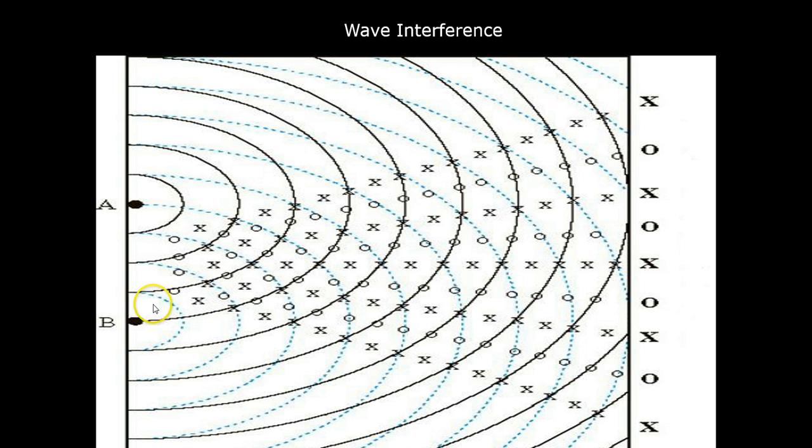Well, for hammer B we're denoting the crests or the maxes with a blue dotted line. So here you go, right here. It's a blue dotted line, so it's a max. So we have a max from hammer A. We have a max from hammer B. What do you do if you get a max and a max? You get constructive interference. So what's the water going to be doing right at this point? It's going to be moving up really high, right? Double the amplitude.